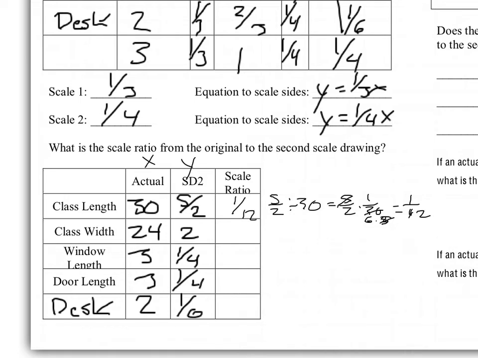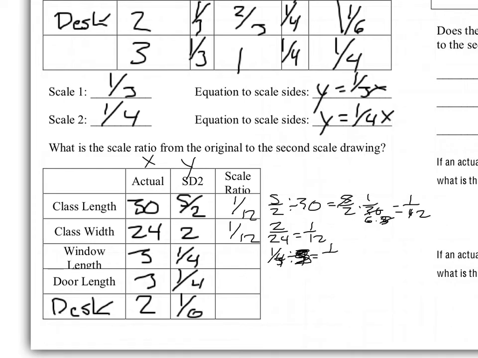So let's make sure that that works for all of them. I have y over x is 2/24, which simplifies to 1/12. I have 1/4 divided by 3, sorry, lost my brain temporarily there.